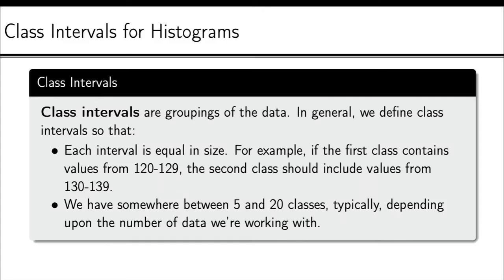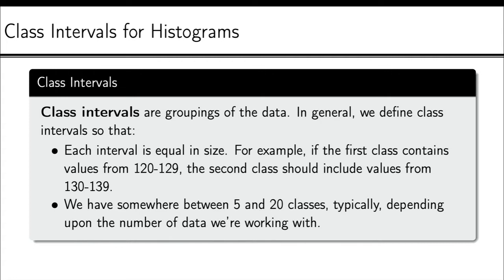Now, the histogram does not have to be built over individual numbers. We can actually create categories out of ranges of numbers, and these are called class intervals. Class intervals are groupings of the data, groupings of the numbers. We want to make sure each interval is equal in size, and we don't want to have too many classes or too few, usually between 5 and 20.